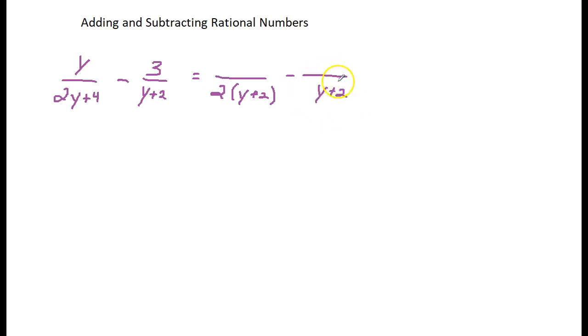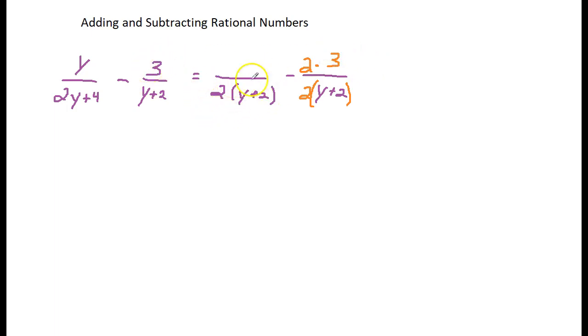What does this fraction need that this one has? It needs the 2. So what I'm going to do is multiply this fraction by 2. Now you can't multiply the denominator without multiplying the numerator. So I have to take 2 times what was originally in the numerator, which is a 3.